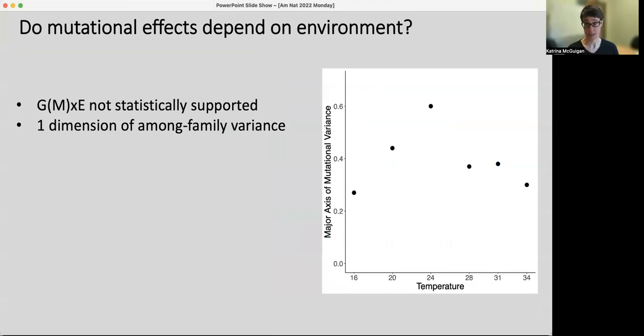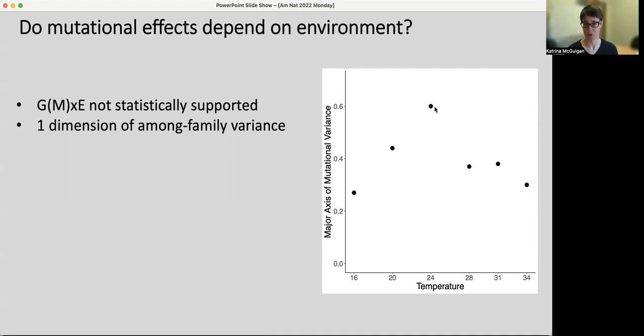So just wrapping that up really briefly then, there's no evidence of mutation by environment variance in this experiment. We have one single dimension of among family variance that's supported, and this plot is just showing you the contribution of variation at each temperature to that single dimension that's supported.